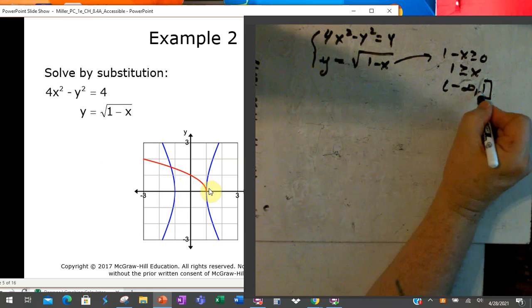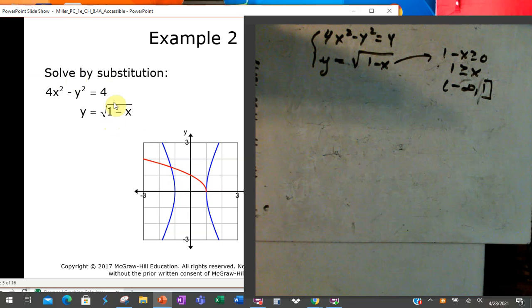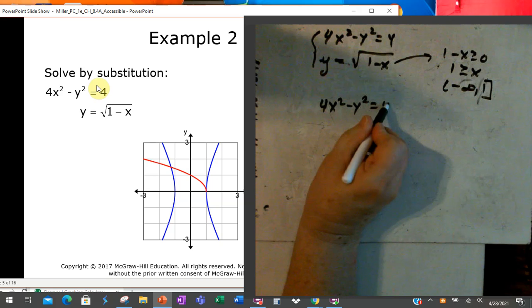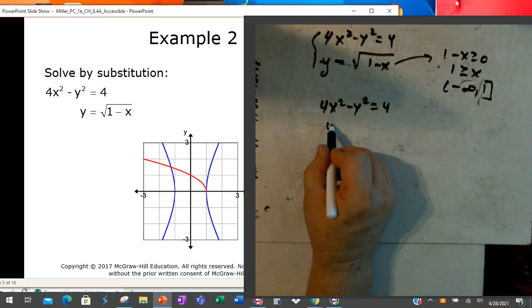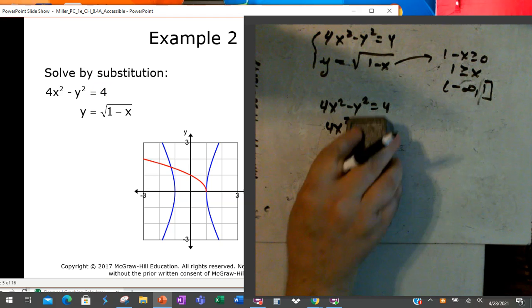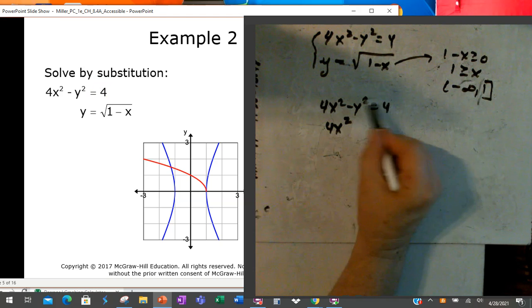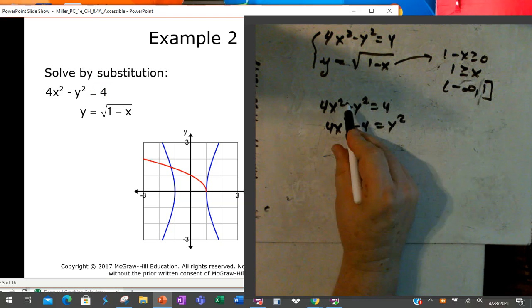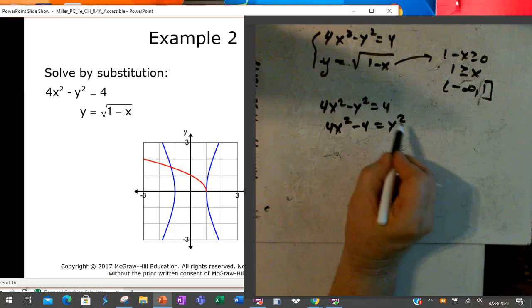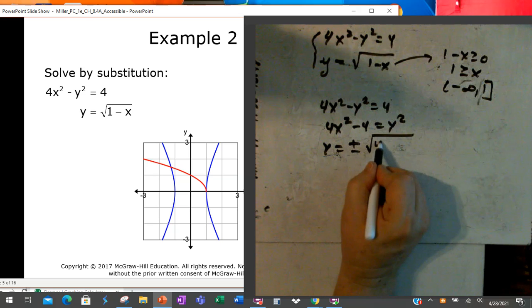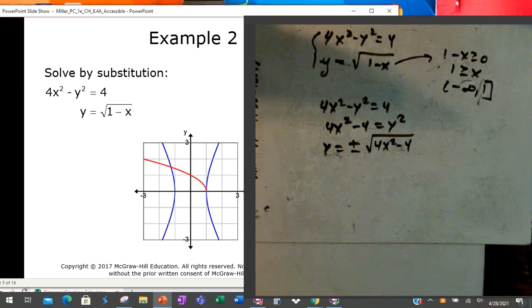So over here you see this is the graph of this one, and for this there are two versions. So if I solve this, 4x squared minus y squared is equal to 4, for y, I'm going to bring the 4 over here, the y squared over here, and then if I solve this, it looks like that.